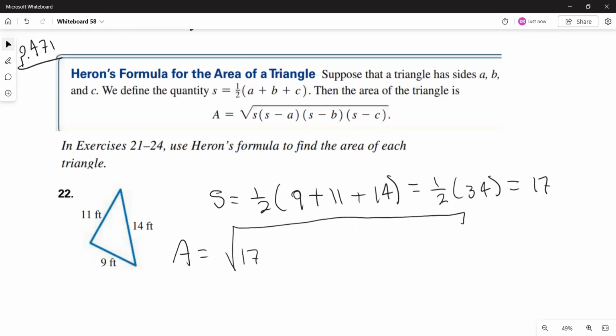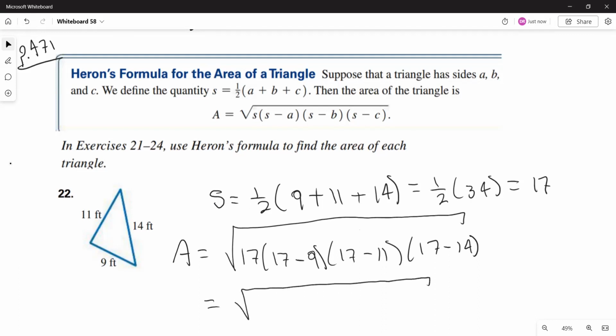17 times 17 minus 9 times 17 minus 11 times 17 minus 14. This is the square root of 17 times 8 times 6 times 3. 17 times 8 times 6 times 3 is going to be 2,448.